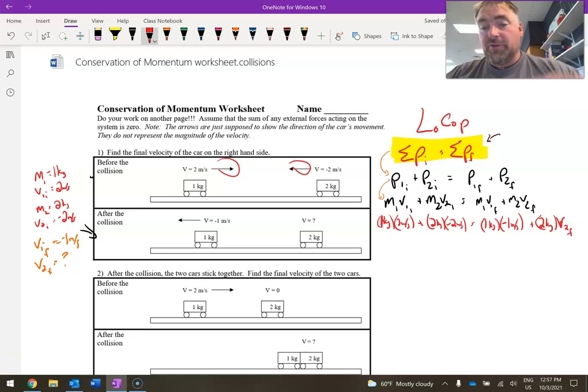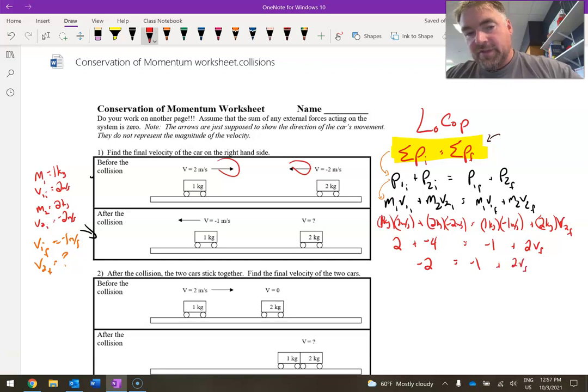That's what I'm looking for. Going down through, I'm going to do this one all the way out. So 2 times 1, I'm going to drop units from right here, so I've got 2, plus 2 times negative 2 gives negative 4. That's going to equal negative 1 plus 2 times VF. So 2 plus negative 4 is going to give me negative 2, which is equal to negative 1 plus 2 times VF.